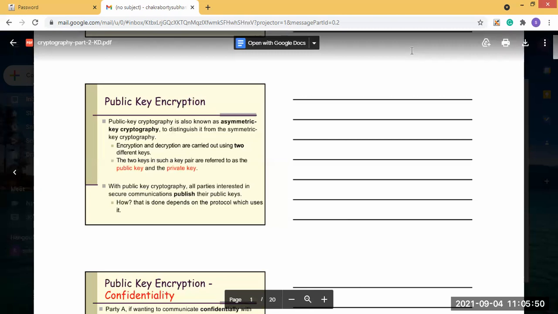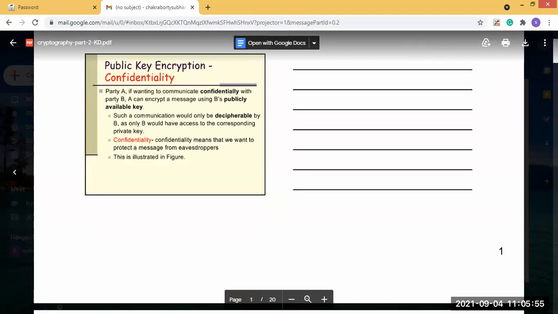So first let's see public key cryptography for confidentiality. What is confidentiality in public key encryption? Let's say the communication is happening between party A and party B. If A wants to communicate confidentially with B, A will encrypt the message with B's public key.